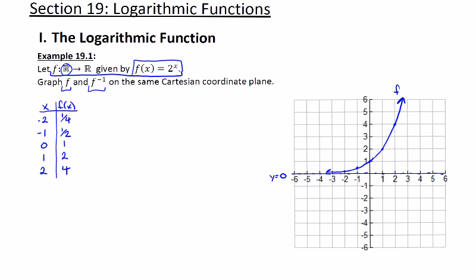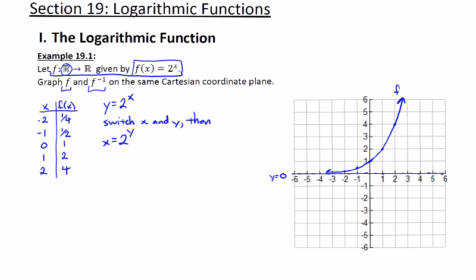So the first step that we were doing before was take out the function notation, replace it with y. And then to create the inverse, all we have to do is literally switch the x and y. And that presents us with x equals 2 raised to the y.